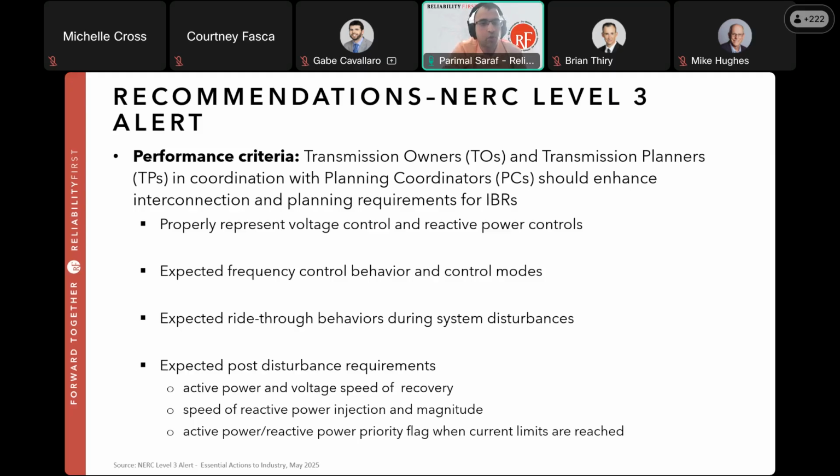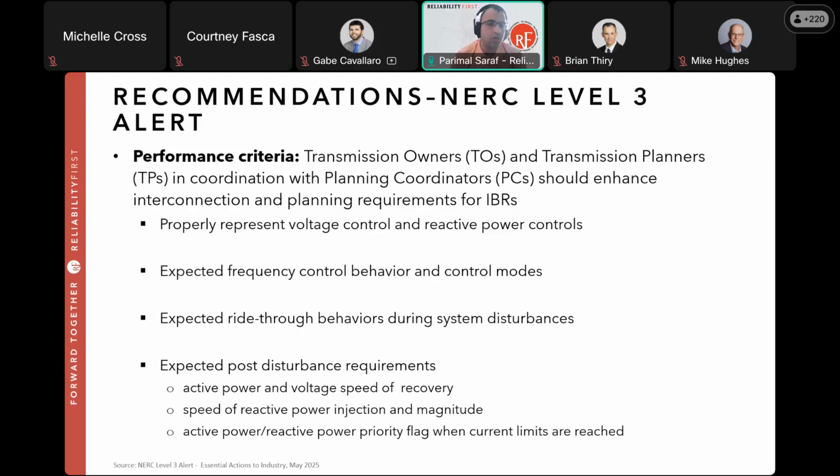Like, how should they provide reactive power to the grid in times of disturbance or faults, how they should support the grid. Similarly, how IBRs should support the grid in terms of frequency events, what exact frequency performance requirements are needed from these IBRs, and what exact ride-through settings should be used for these IBRs, so that they do not trip incorrectly, or they ride through when they are needed to support the grid.